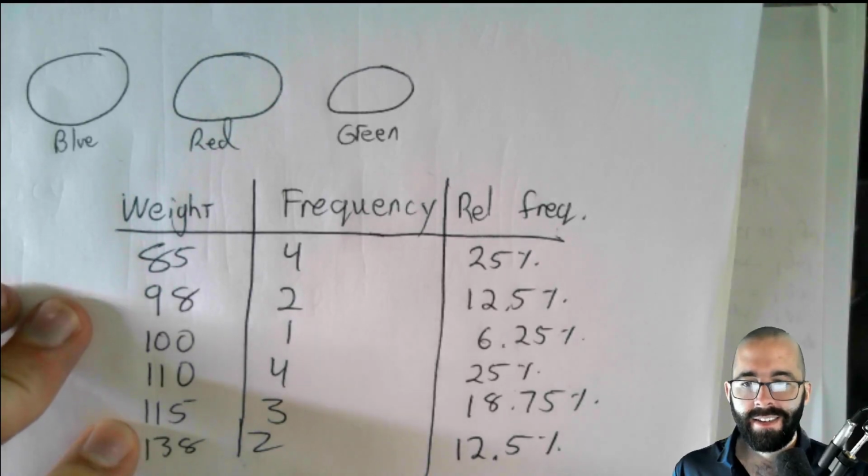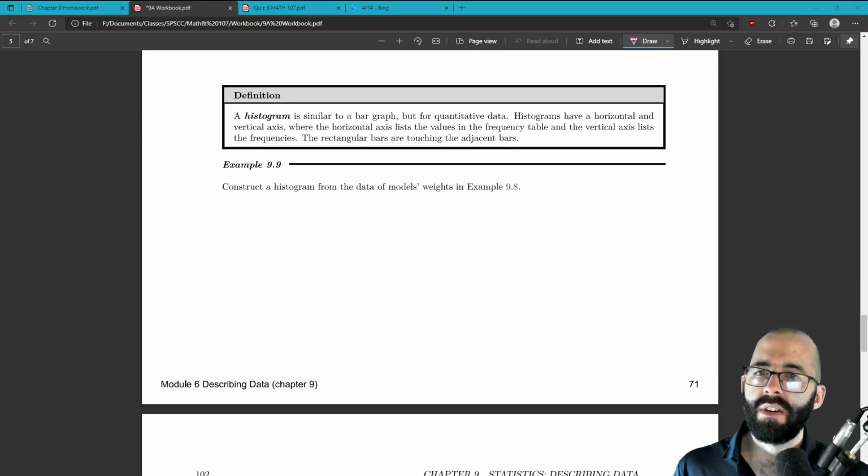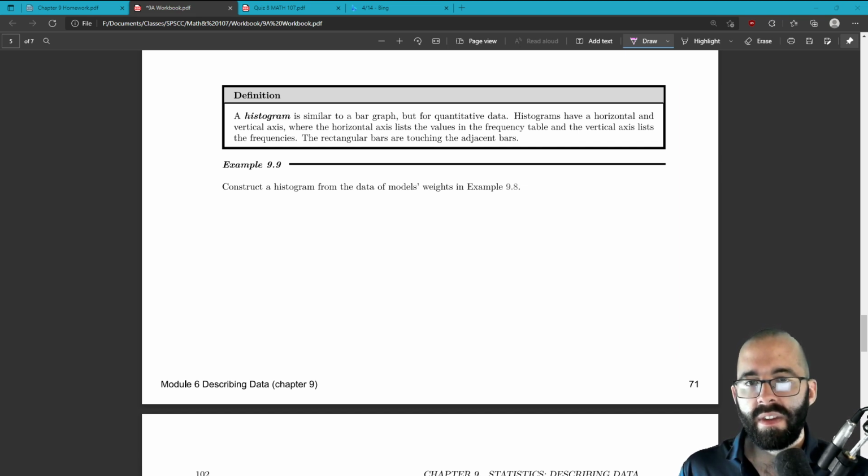Hooray. Now we're going to go to a histogram. A histogram is similar to a bar chart. But now it's for quantitative data, and now they're touching. Okay? So we're going to construct a histogram of the model's weights here.